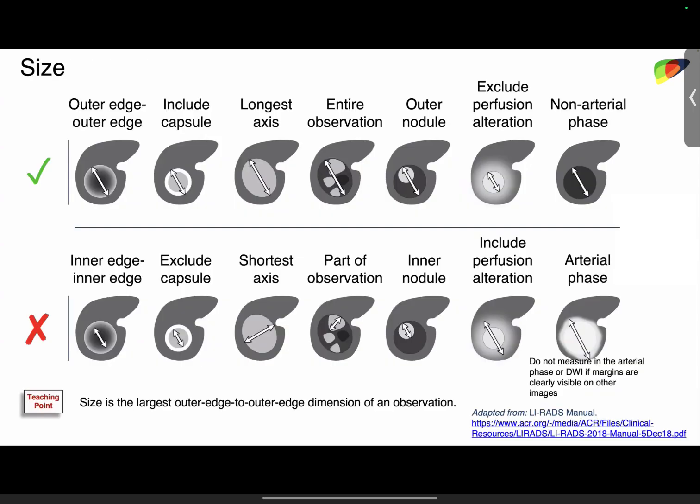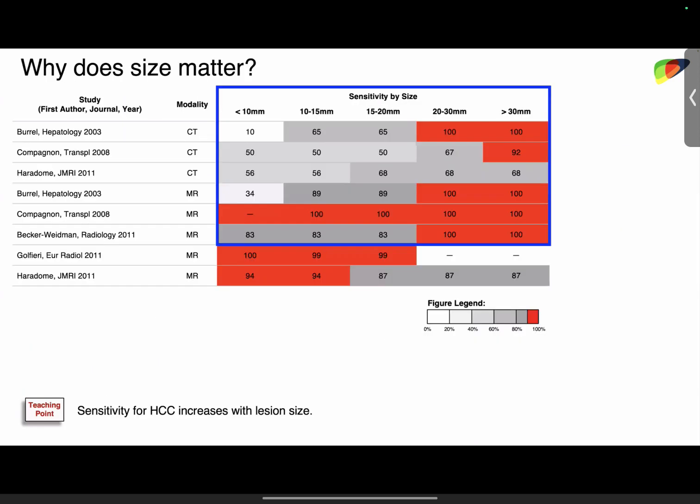We've mentioned that in LI-RADS, size is reported and stratified according to different thresholds. Size matters for 2 reasons. First, because larger observations are easier to detect, and hence the sensitivity for HCC increases with observation size.